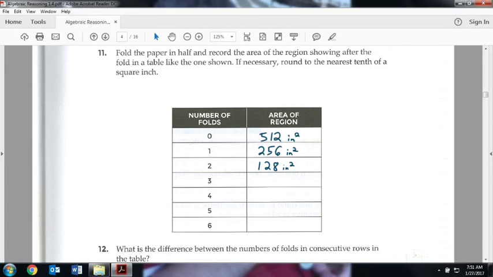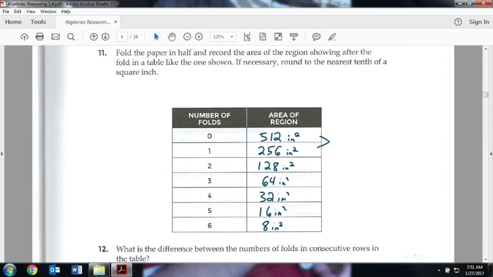Fold it again, we get 64 square inches. Again, 32 square inches. Again, 16. Then 8 square inches. Each one is cut in half, so it's like dividing by 2.